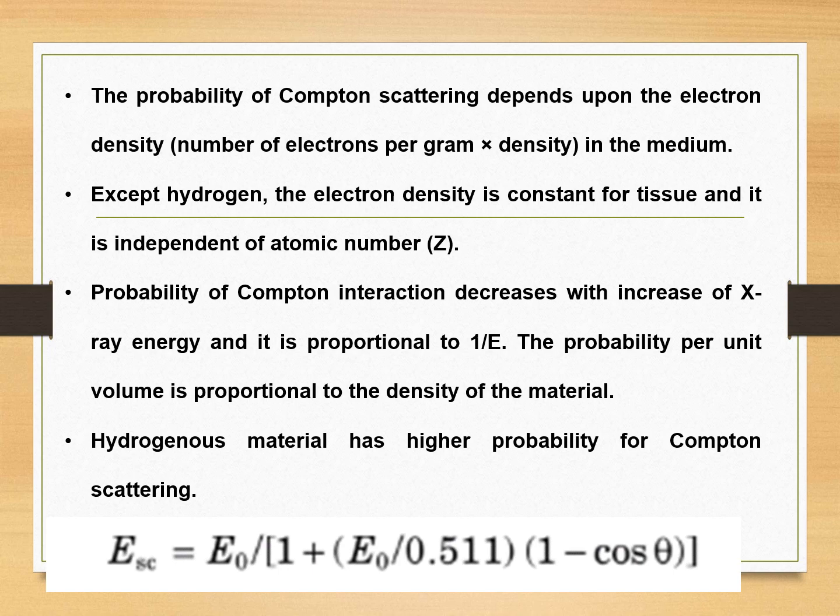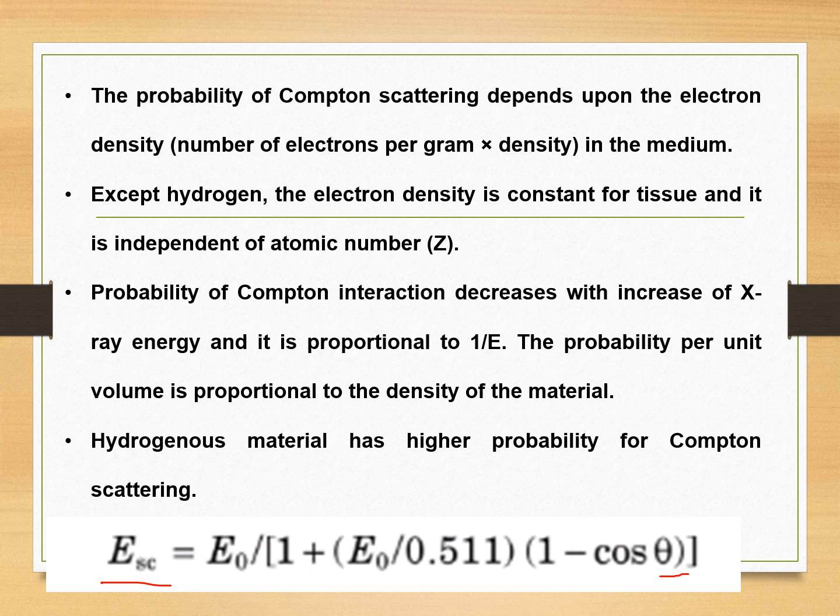In this Compton scattering, the photon loses energy in this process. The energy of the scattered photon is related to the scattering angle theta. The energy of the scattered photon mainly depends on this scattering angle theta, by consideration of energy and momentum conservation.